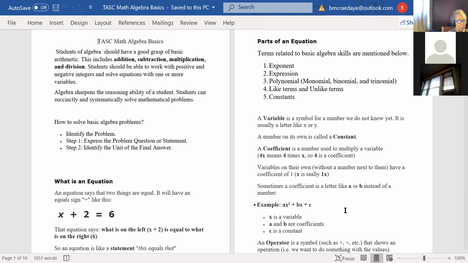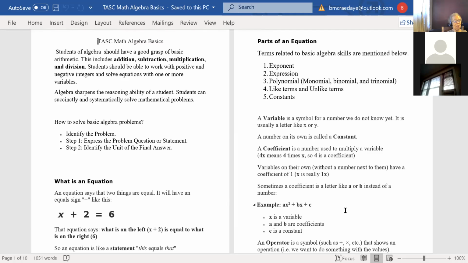What is a variable? These are some basic terms in algebra that you should understand to do algebra problems. A variable is just a symbol you use to represent a number, like x or a or q or s.